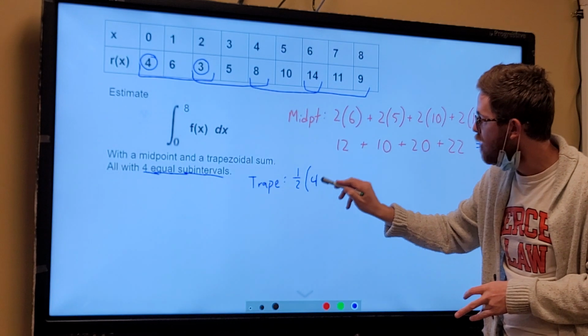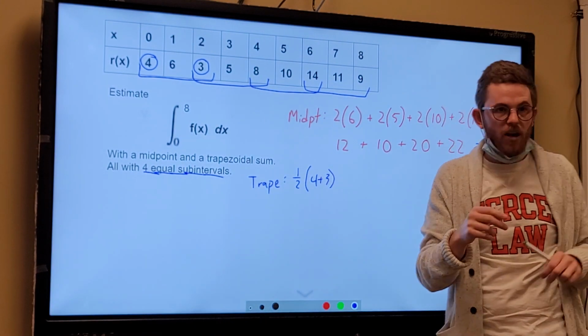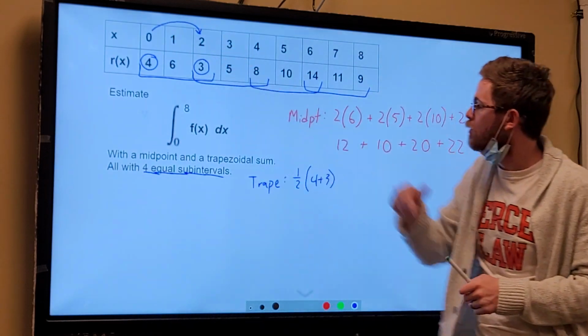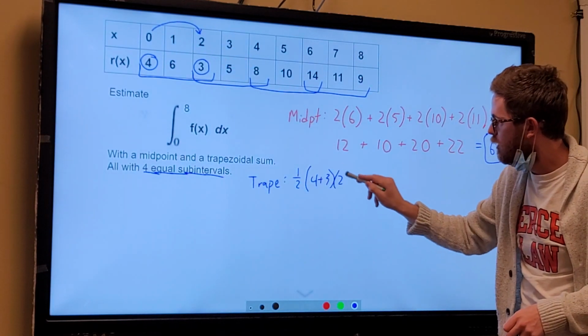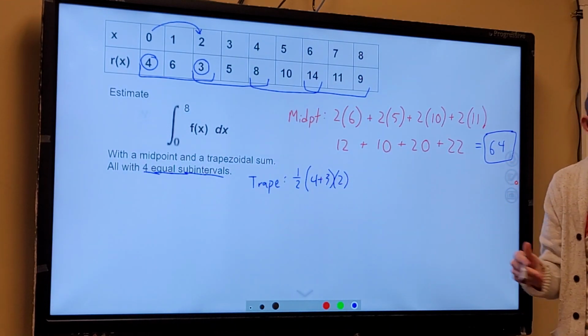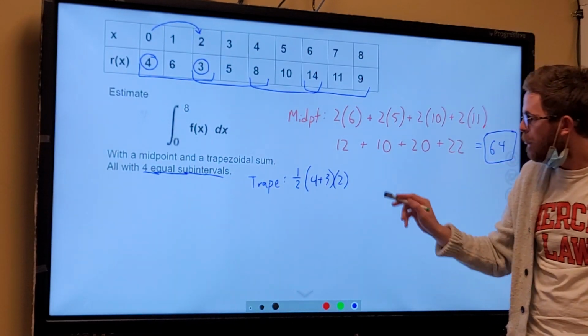So I'm doing 1/2, 4 plus 3, times the height of that trapezoid, which is the change in our x value, and our change in x is 2. So 1/2 base 1 plus base 2 times the height, which is really just the change in x.